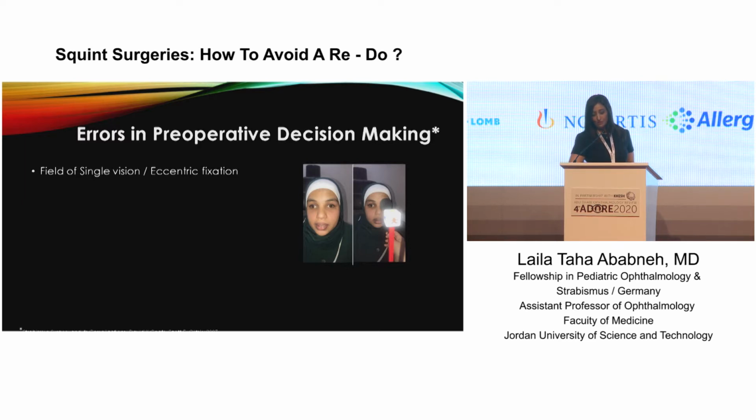For example, this patient was referred to me so that I could correct her exotropia. By careful history taking and examination, I found out that this was no exotropia and it was just an eccentric fixation. She would have been so unlucky, she would have come back complaining of diplopia if I had corrected this large, seemingly exotropia.